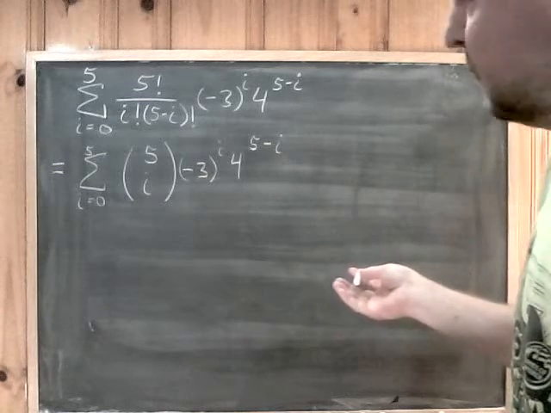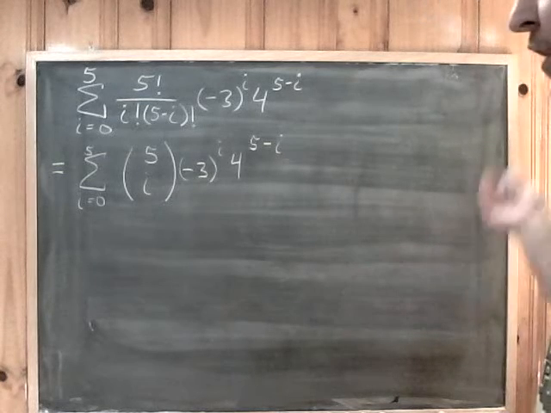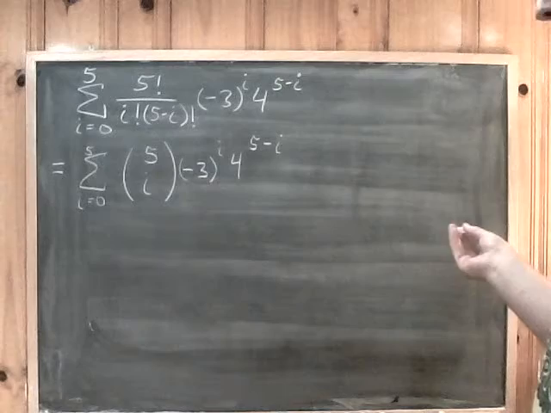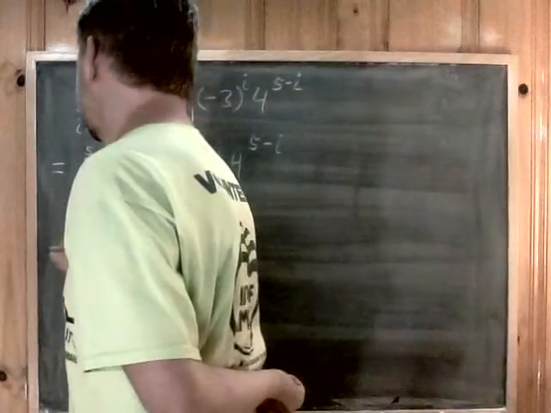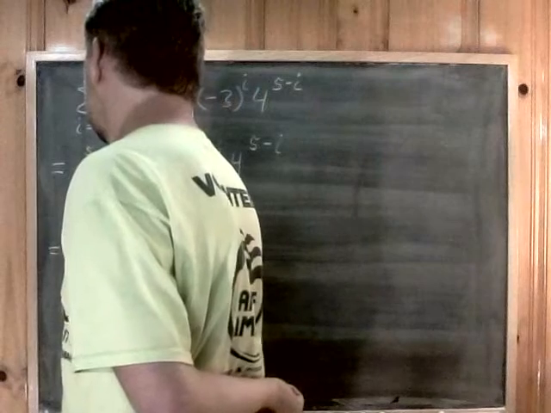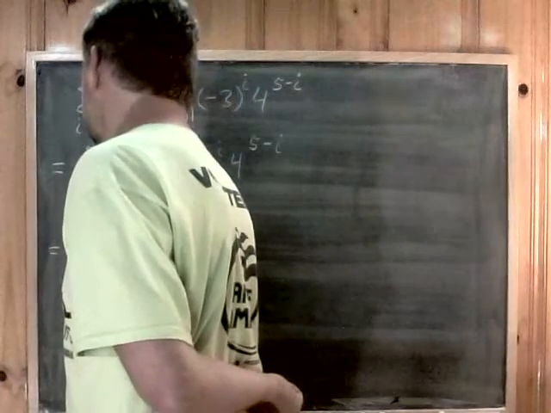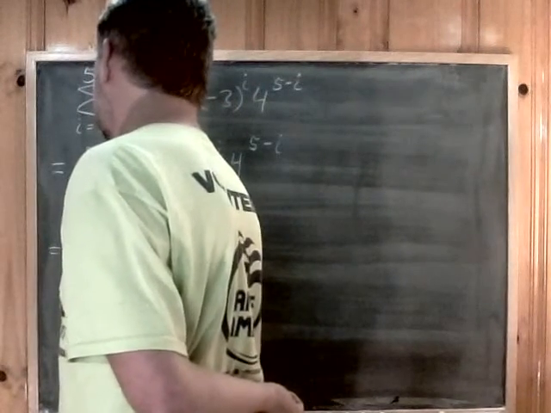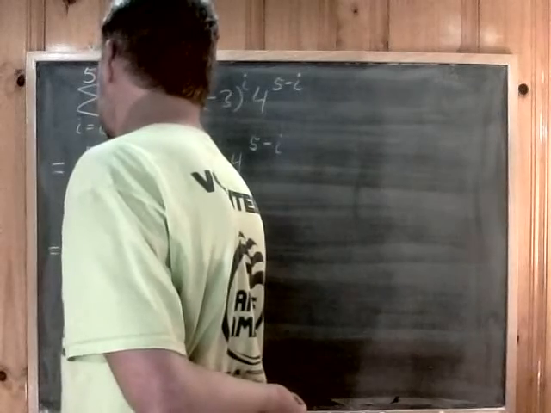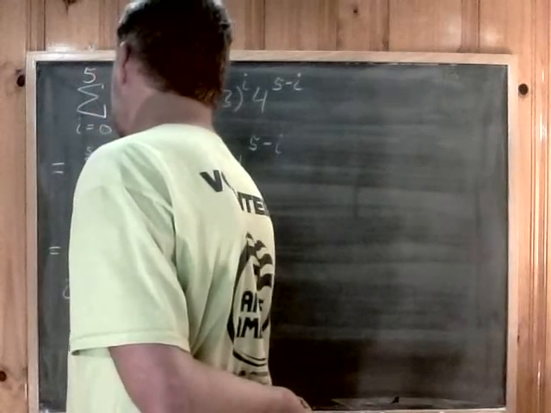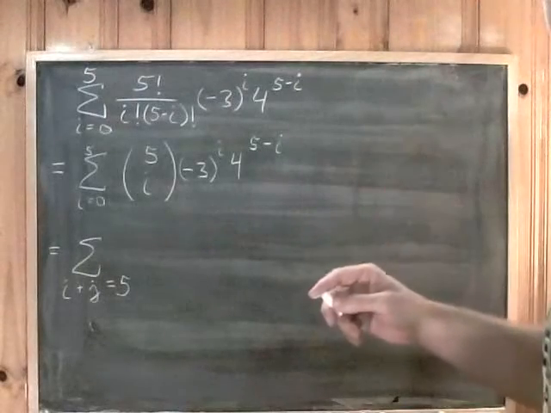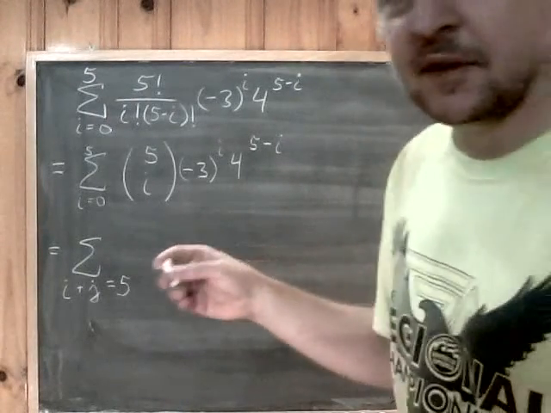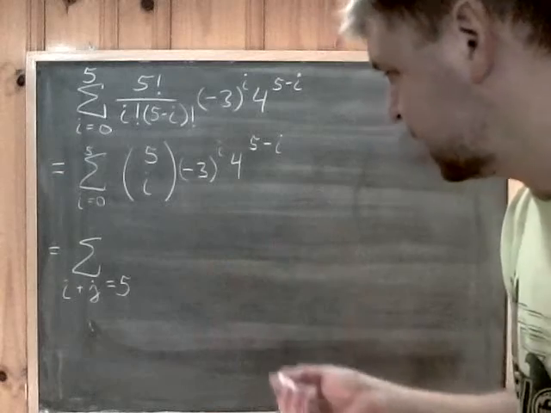Or, if we wanted to see one more way that you could write it, it's like this. I did the first two with i equals 0 to 5, the old-fashioned way of writing a sum.